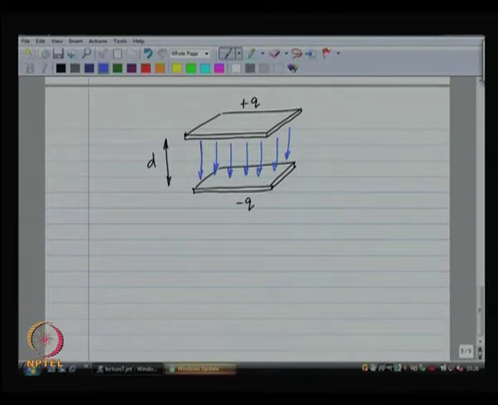Okay. And then once you realize this, you just construct a small Gaussian surface around a piece of charge. So, let us say you construct a Gaussian surface around this charge, it is a 3D surface.